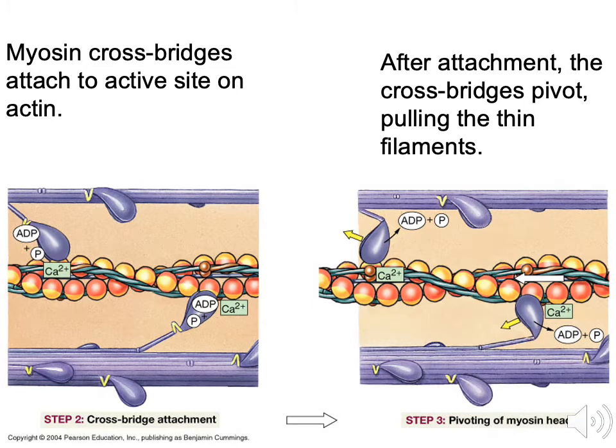All the myosin heads which are attached do this, and this will generate enough of a pulling force to pull the thin filament towards the middle of the sarcomere, and effectively shortening it a very small amount. You can imagine we're in the realm of nanometers here in terms of how much movement we get from one power stroke.